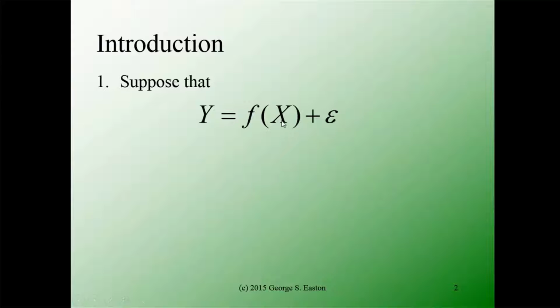But in this case, we're imagining that our dependent y variable could be some nonlinear function f of the set of x variables plus an error term epsilon, which plays the same role as the error term in a regular linear regression.